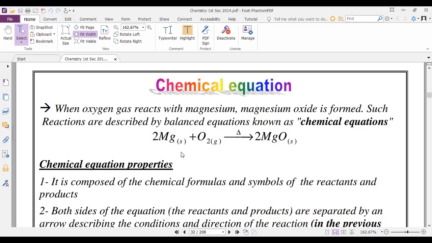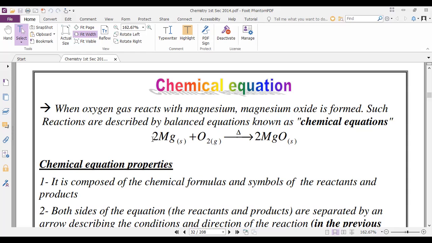O2 means that this oxygen molecule consists of 2 oxygen atoms, to produce 2 MgO. Okay, and we must balance this equation. Mariam, what is the balance? 2 Mg plus O2.